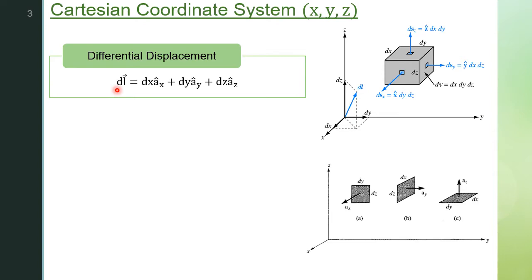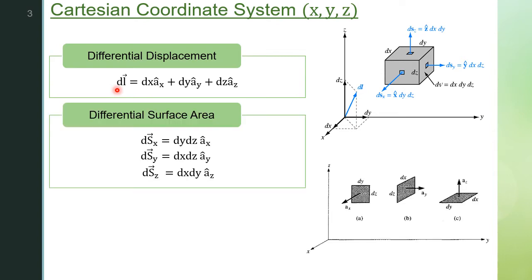Now, when you consider the differential area, the cubical structure has a total of six faces. The areas of opposite faces will be equal, but the directions of the surface area vectors will be opposite to one another. The top face has sides dx and dy.